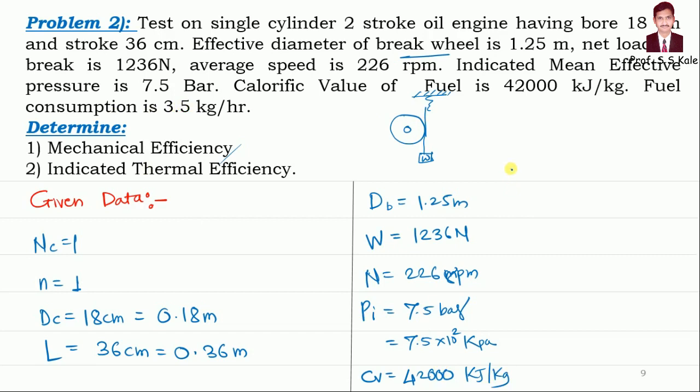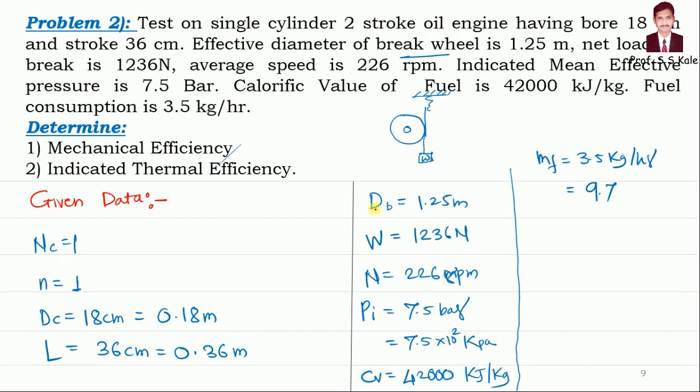Let me write on this side now. The mass of fuel consumed is given as 3.5 kg per hour. That kg per hour we have to convert into kg per second by dividing by 3600.